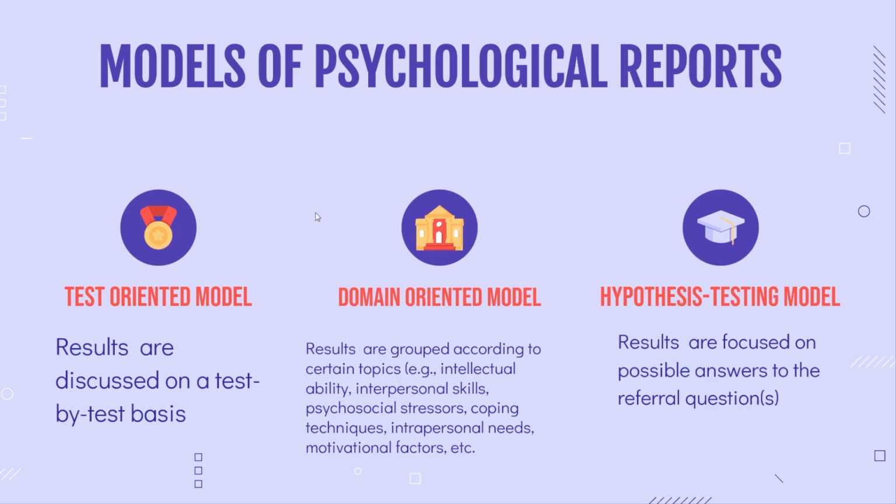The difference between domain-oriented and hypothesis testing is that in domain-oriented, the psych report could be very long because of the different domains you need to integrate. But in the hypothesis testing model, you are just looking into the parts of the psych report that would answer the referral question.